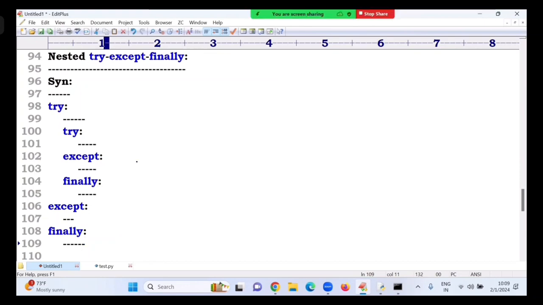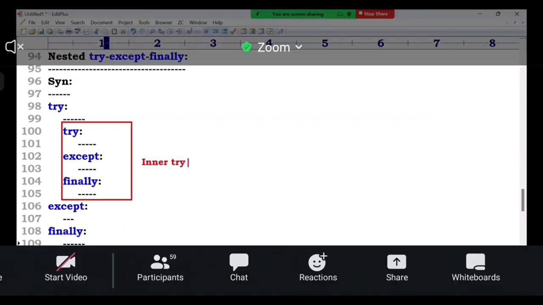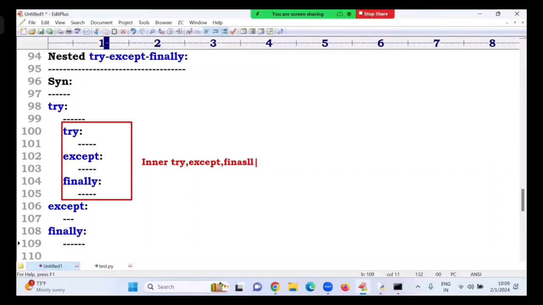And this total part is called inner blocks. Inner try, inner except, inner finally. This try block is the outer try block.